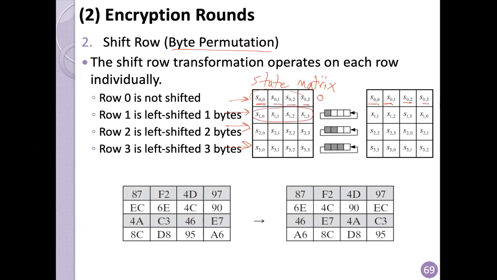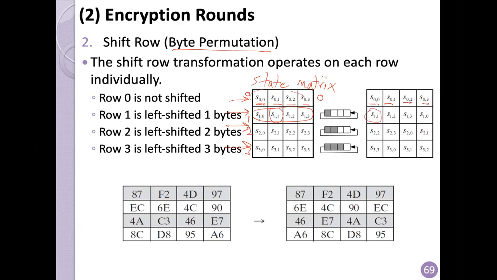Row number 1, the reason I say row number 1 is because normally we call it row 0, row 1, row 2, and row 3. Row number 1 is going to be shifted 1 byte to the left. So it means that this S1,1 appears here.